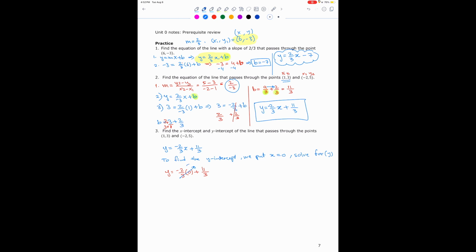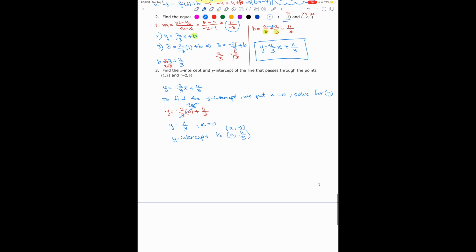This will be eliminated, because multiplying anything by 0 is 0. So we get y equals 11 over 3, and we assume that x is equal to 0. So the y-intercept is (0, 11/3). That is an ordered pair x and y. We have to represent it as an ordered pair x and y.